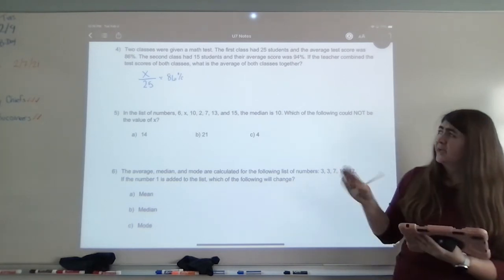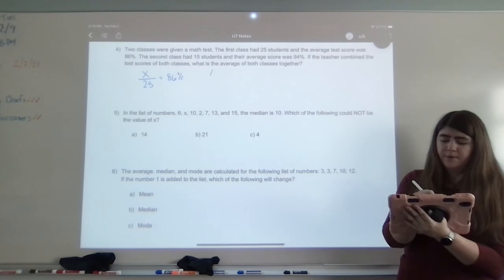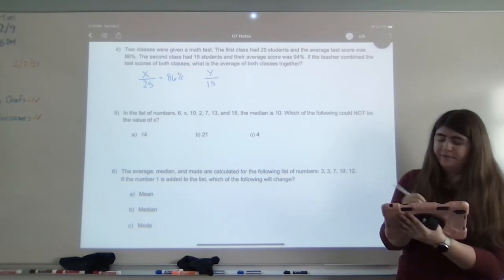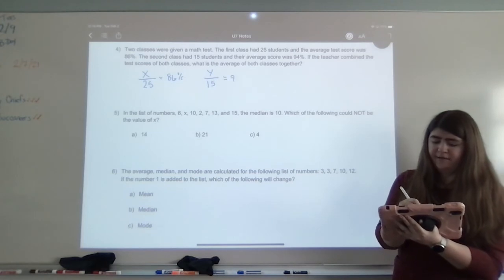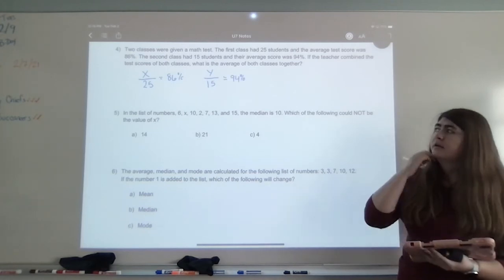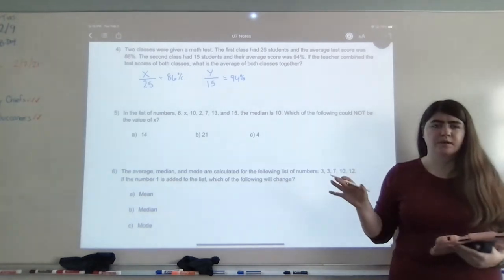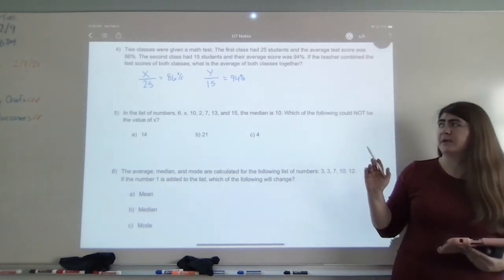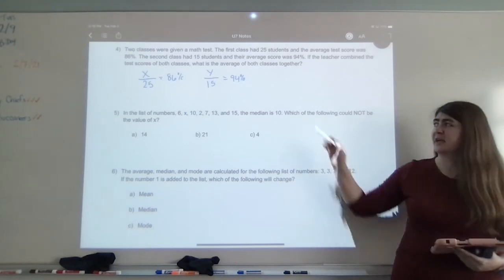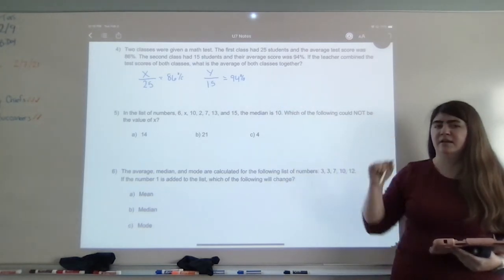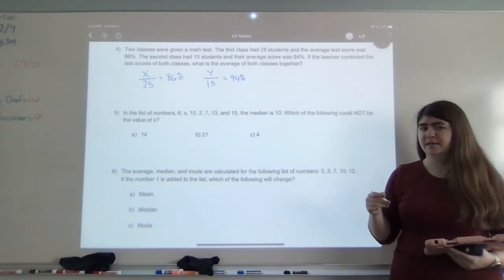And then the same thing happens in the other class where you have some number divided by the 15 students gave me a class average of 94%. And you can leave that as a whole number when you're calculating. You just have to make sure that when you find your full answer that you're remembering that it is a percentage, not a score.